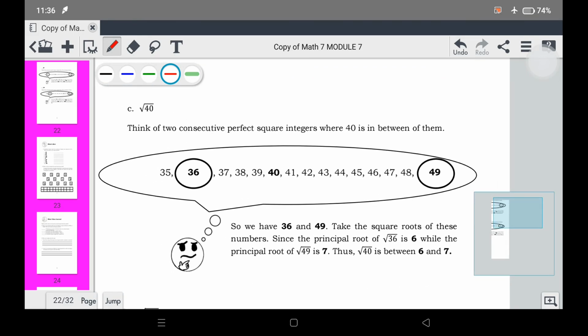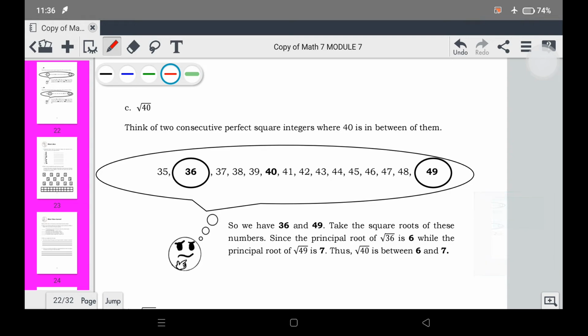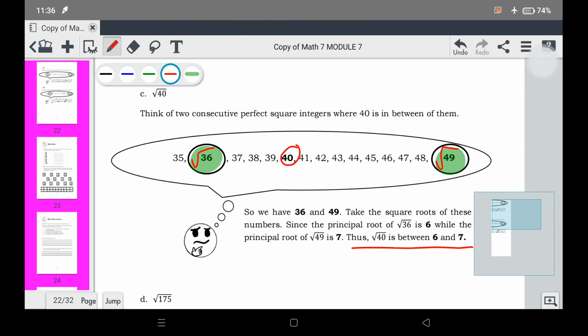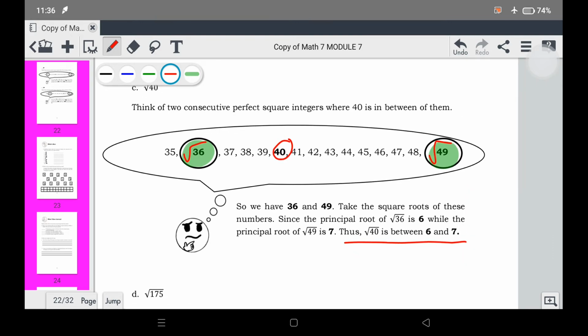So 40, let's go higher. Of course, 40 is between the perfect squares 36 and 49. If you take the square root, you will know where the value of 40 lies. So the square root of 40 lies between 6 and 7. Let's verify that one. The square root of 36 is 6.